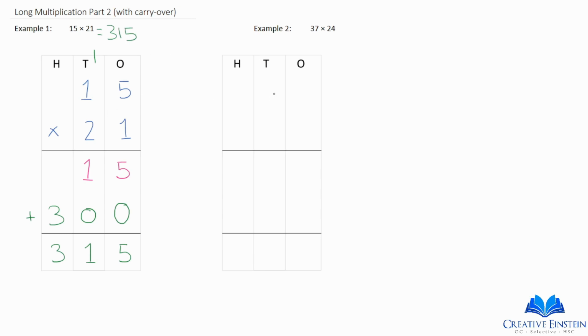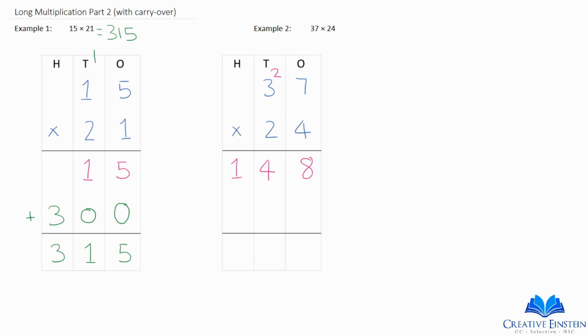Let's try our next example. 37 times 24. Now the first thing we're doing is 7 times 4. 7 times 4 is 28, so we put our 2 there and our 8 down here. The next thing that we're doing is 3 times 4. 3 times 4 is 12, plus the 2 that we wrote before, gives us 14.